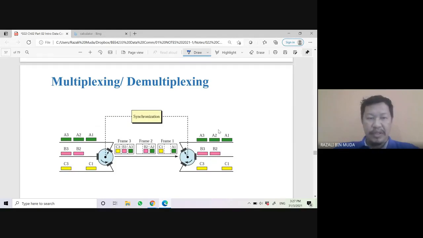So multiplexing, demultiplexing. When you have synchronization, you will be able to produce the output similar to the input with this synchronization. Okay.